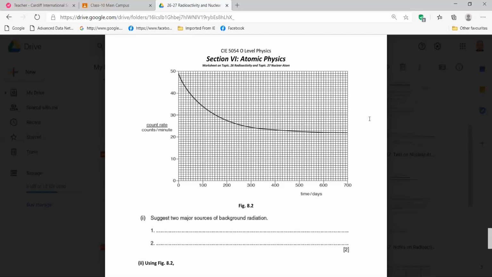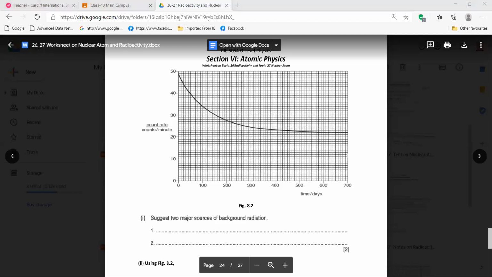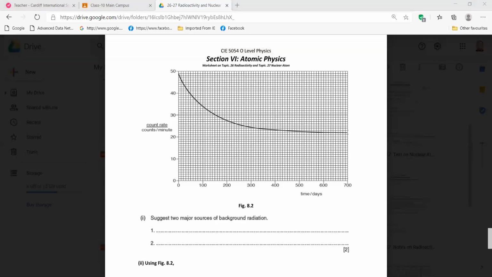Okay, the ending of the graph, you see there we are getting one straight line, constant, right? This constant means we are getting all the reading from the surroundings.